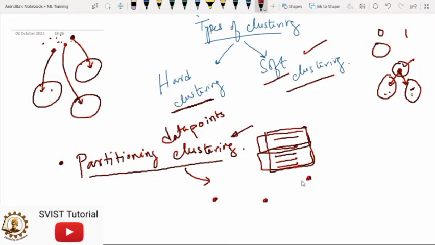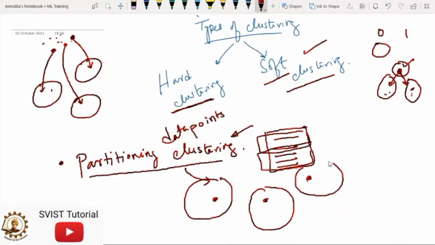First it aims at creating the centroid, because a cluster means some group of data. If the centroid is decided, then we can pick one point and find out how far this point is from the centroid.